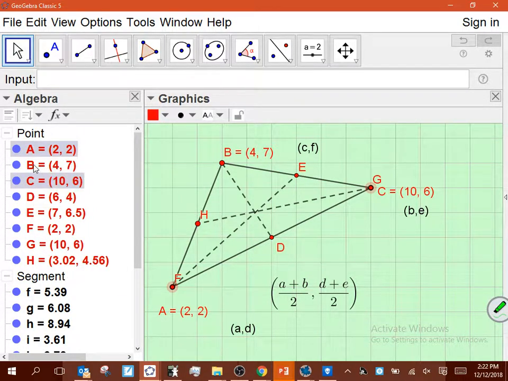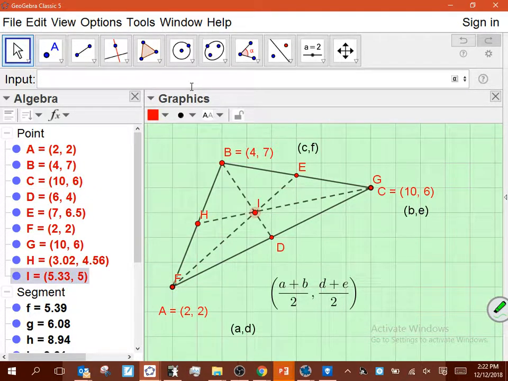What do I get if I add the x's together? I get 16, right? I'll type 16 divided by 3. Add my y's together. What do you get? 15. 15 divided by 3 is 5. Is that the centroid? Is that where those 3 medians all intersect? Yes. Is that really quick to find that position? So much quicker than using our equations of lines. But I need you to understand that you can use that because of the equations of lines.